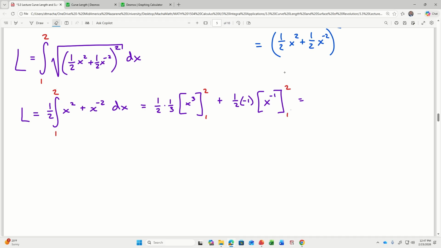And in this case, 2 cubed is 8, and so I'm talking about 8/6 minus 1/6 plus negative half times half. Two negatives make a negative, and this is going to be half of half is a fourth, and then 1 times half is half.